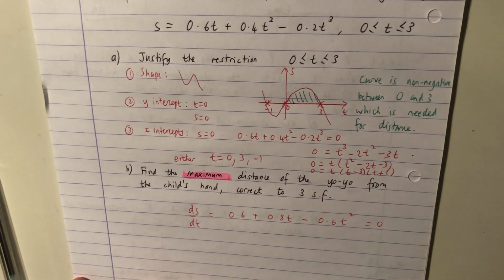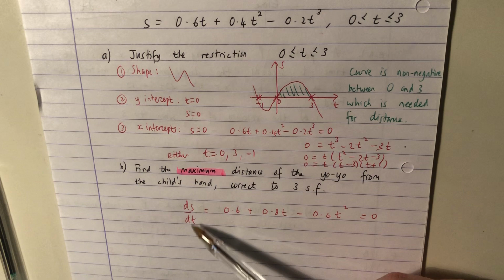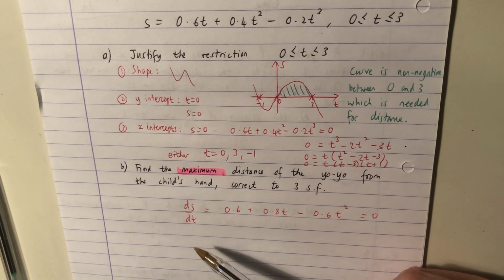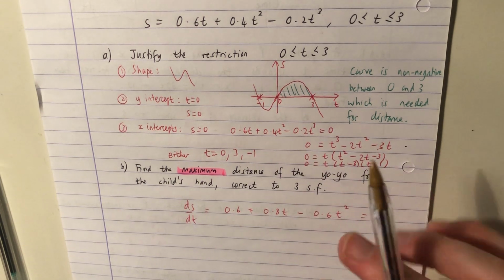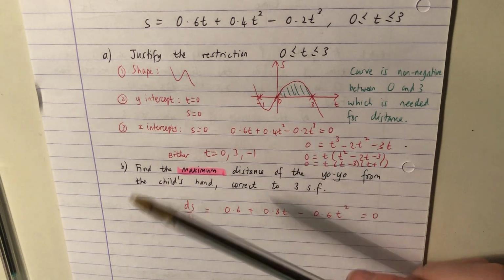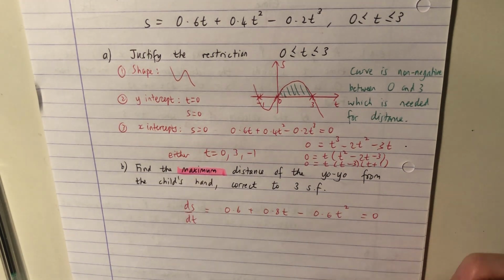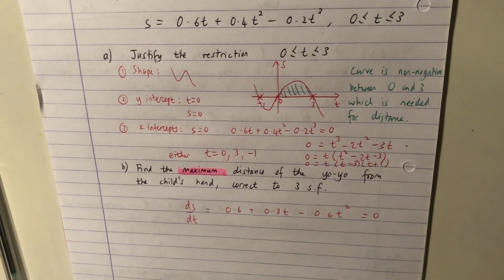So you make it equal to 0. Which kind of does make sense, because remember ds by dt is also equal to the velocity. And if you were playing with a yo-yo and you were letting it go up and down or whatever, then the further it gets away from you, its velocity would be 0. So this all does make sense.